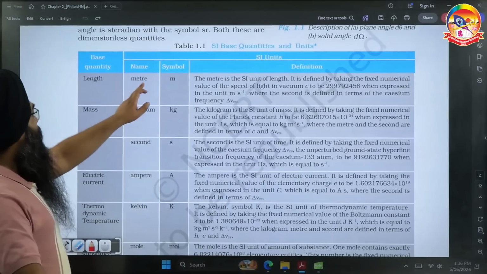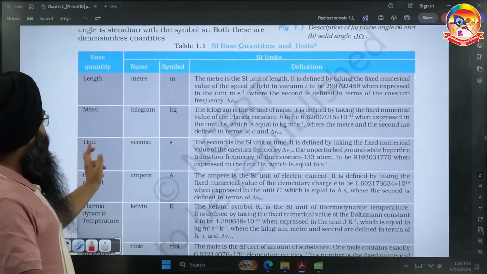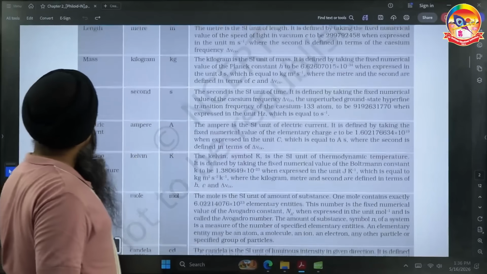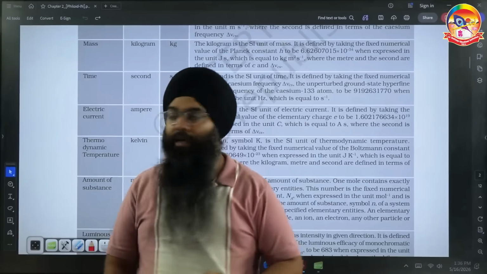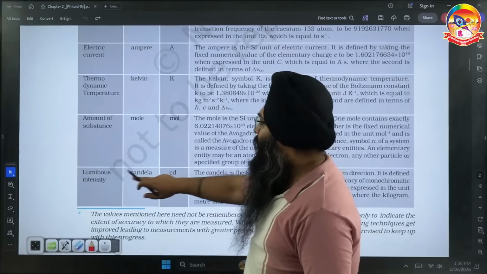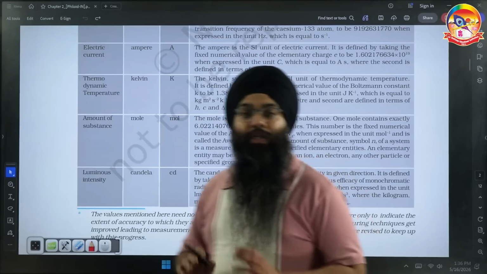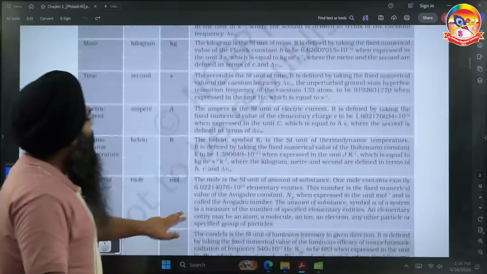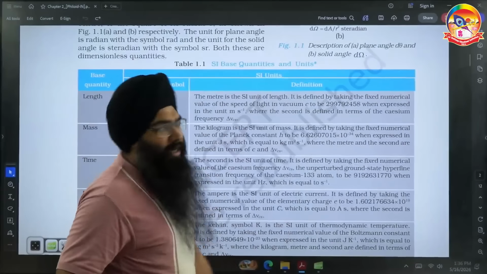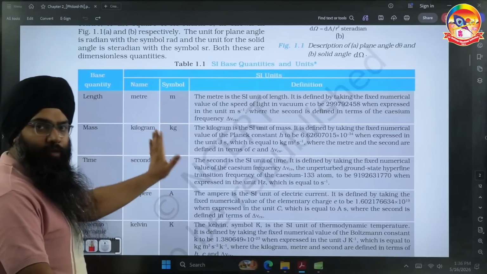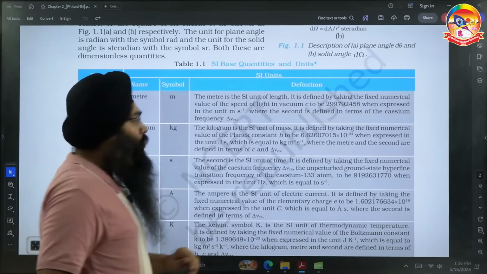The unit of length is meter, mass is kg, time is second, electric current is ampere, thermodynamic temperature is Kelvin, amount of substance is mole, and luminous intensity is candela. So these are the 7 fundamental quantities which you must know. There is no need to learn the definitions of these; you only need to know the units of these 7 fundamental quantities.